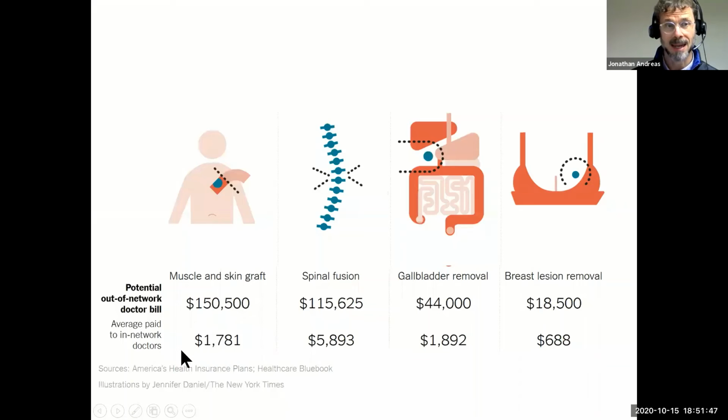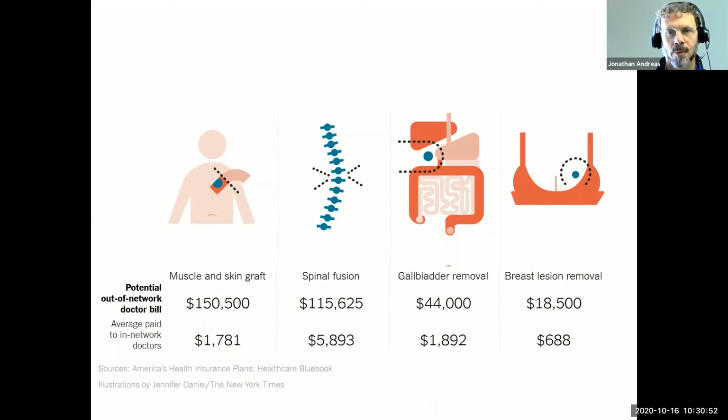And for people that have insurance, if you're in network, which is almost all insurance nowadays, then these are the average prices that are paid in-network. So ironically, they are charging a higher price to people without insurance, who presumably have, on average, lower ability to pay than people that have insurance, who typically have higher income.